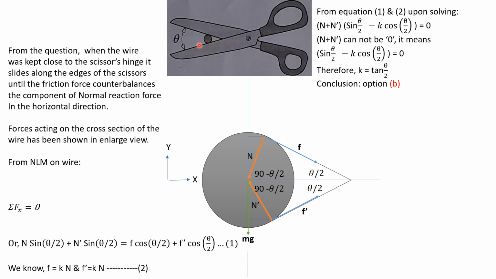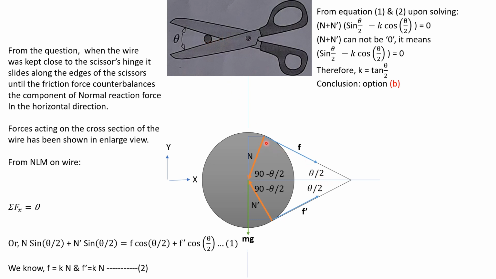Since the wire has a tendency to slide away along the cutting edges of the scissors, it will have a tendency of relative motion along the edges. So the friction force will appear.